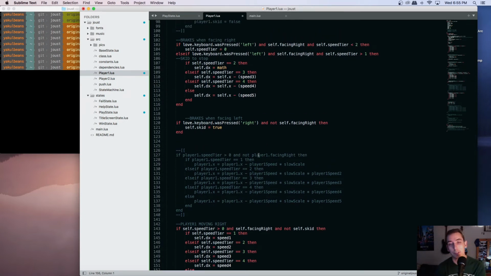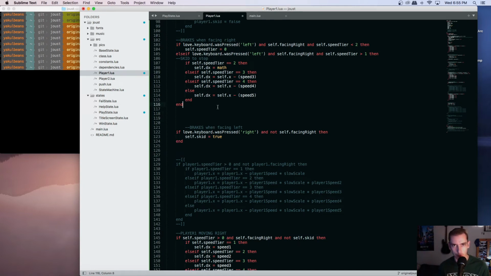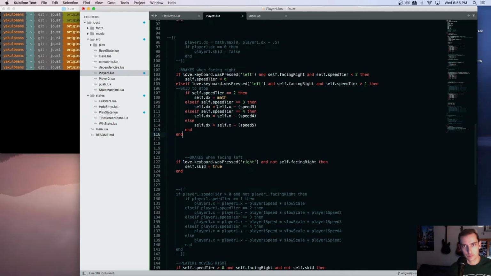Wow, this is crazy. This is crazy. Okay. So we'll need to do brakes when facing left after we figure out brakes facing right.